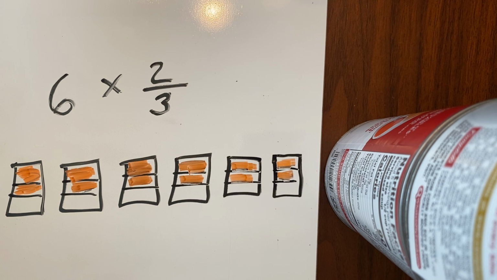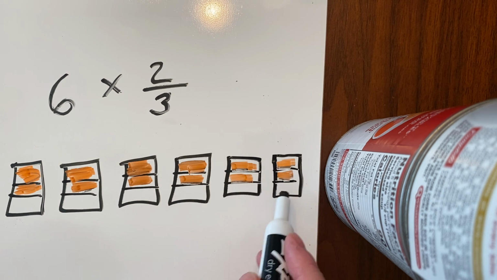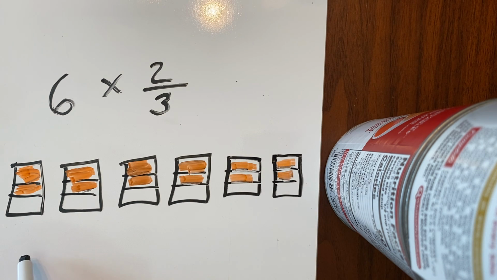And so now I've got 2/3 of each of those colored in. And if I add up all of these, let's look at this right here. If I take all of these that are colored in, and I'm going to redraw them so that I've got 1, 2, 3, 4, 5, 6, 7, 8, 9, 10, 11, 12. So I've got 12 blocks altogether.